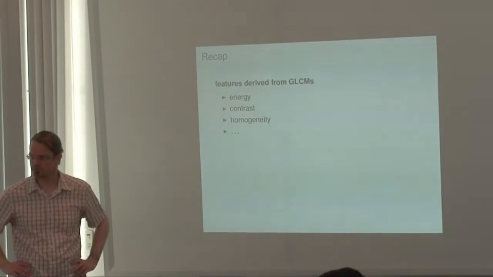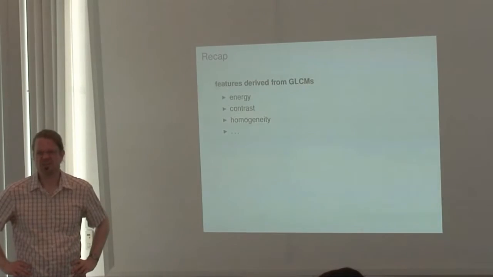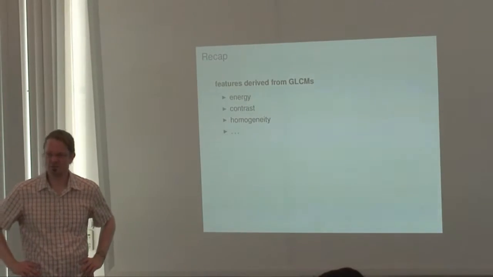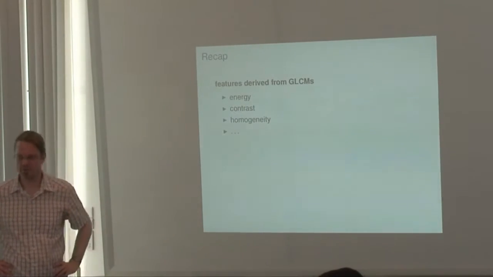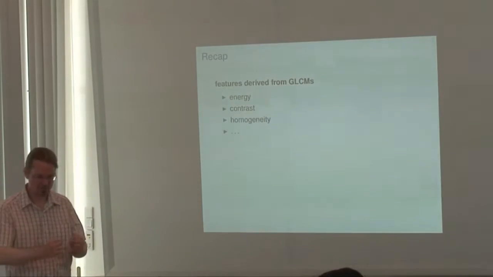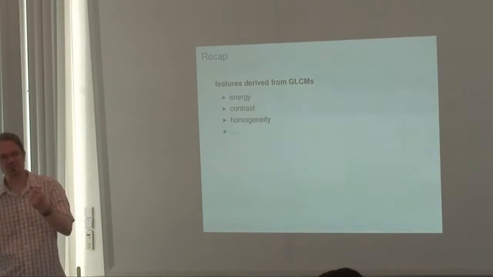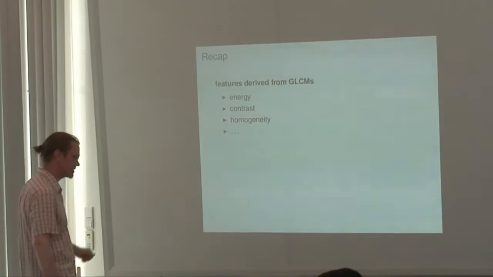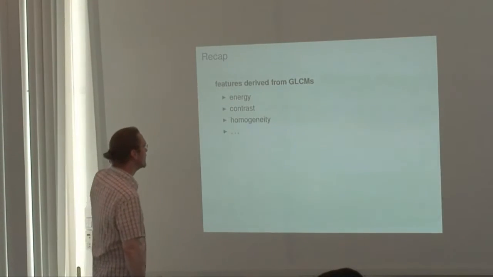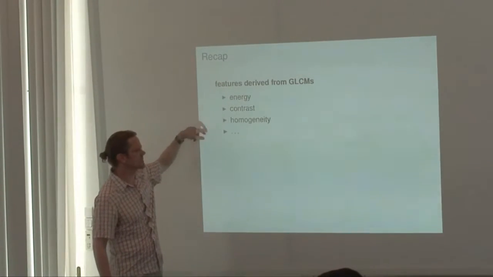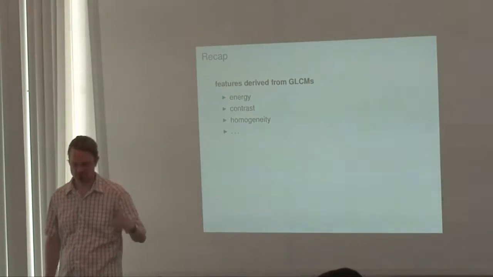We studied how to do that, right? But maybe we can simplify our lives by turning these 256 squared numbers into just a single number, computing statistics from this large collection of count variables, and we looked into the idea of energy, contrast and homogeneity. I'm not actually repeating them here.